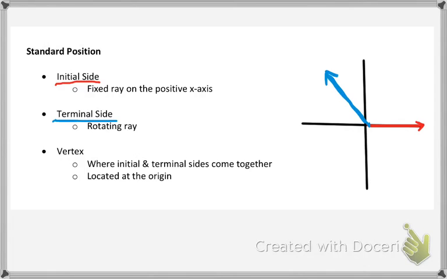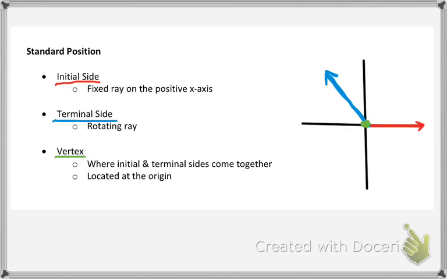And then the last part of this graph is the vertex. And the vertex is where that initial side and the terminal side come together. So it's this point right here that is, in this case, at the origin. And when an angle is in standard position, that vertex will always be located at the origin.